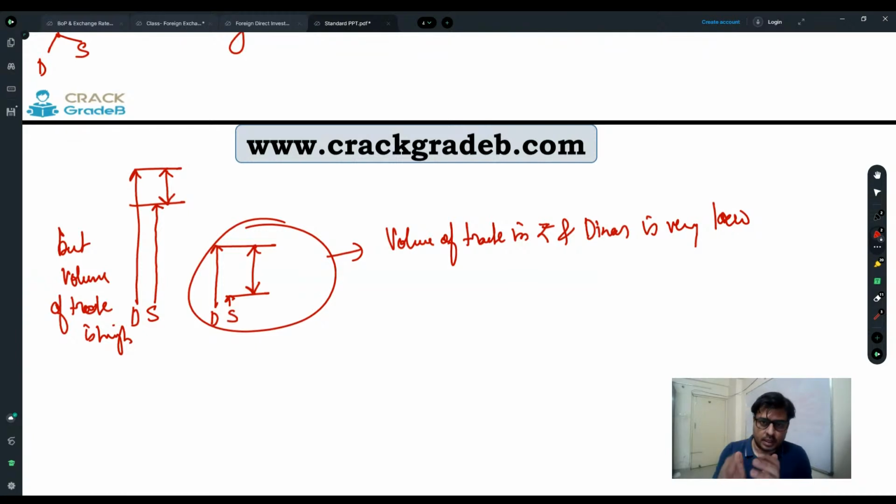Kuwait, the country Kuwait, does not expose its currency. They do not use their currency at a very large level. Most of their transactions are happening in the US dollar. So they artificially kept the value of their currency very high so that they can take the advantage, right?